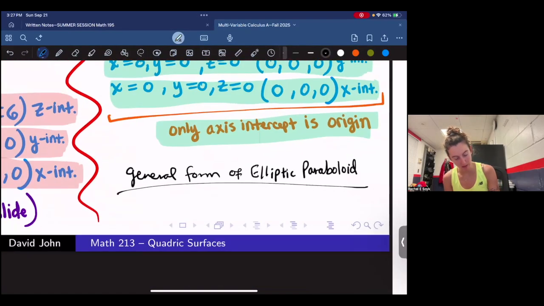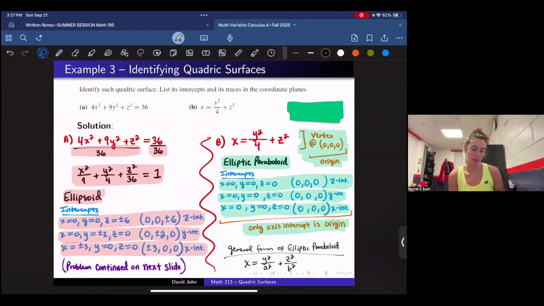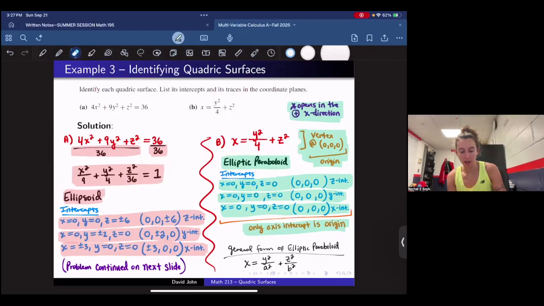We have x is equal to y squared over a squared plus z squared over b squared. Okay, so it's actually in that perfect form to be able to identify it. And then I think the last thing on this page was just showing us that our parabola is going to be opening up in that positive x direction.